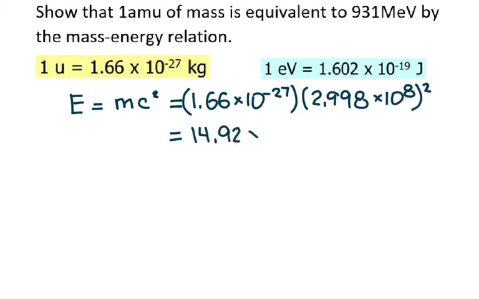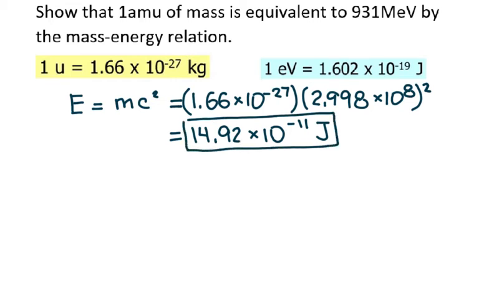So if I multiply these numbers, I'm going to get my answer in joules, and that is 1.492 × 10^-10 joules. And if I want to convert this into mega electron volts, I will divide this number by 1.602 × 10^-19 joules.